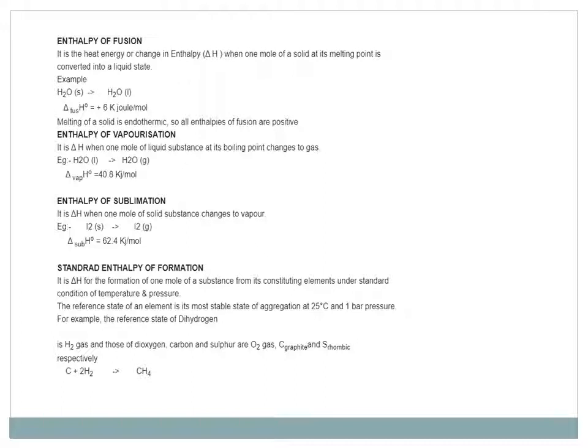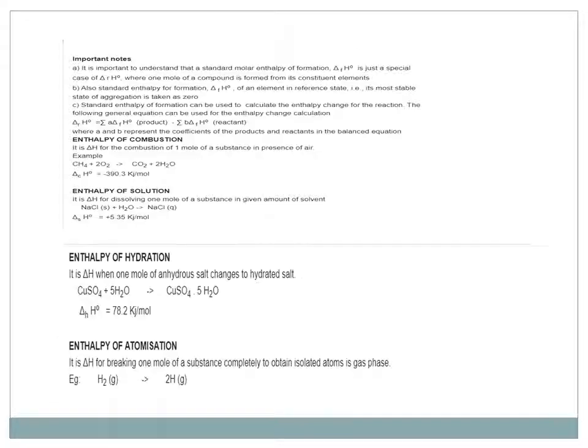The reference state of an element is its most stable state of aggregation at 25 degrees Celsius and 1 bar pressure. For example, the reference state of dihydrogen. Here is an example. When carbon in graphite form combines with dihydrogen, it gives methane.